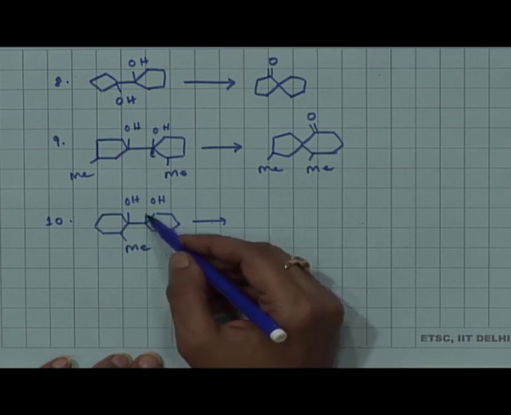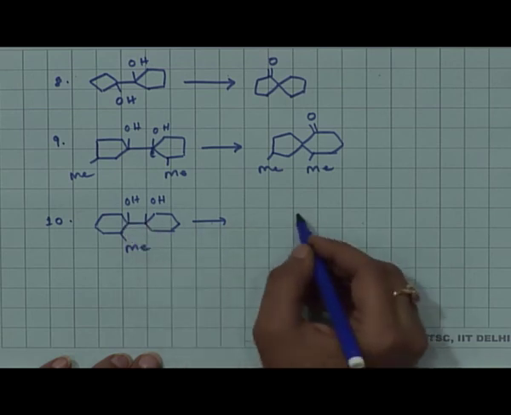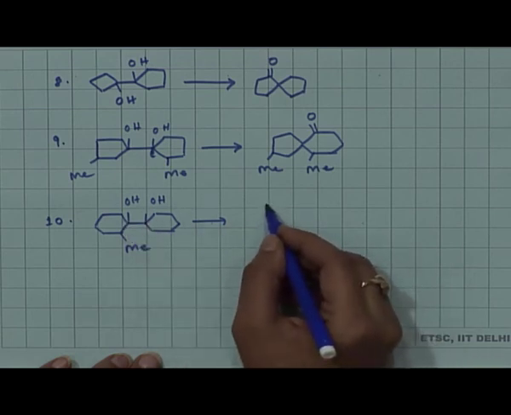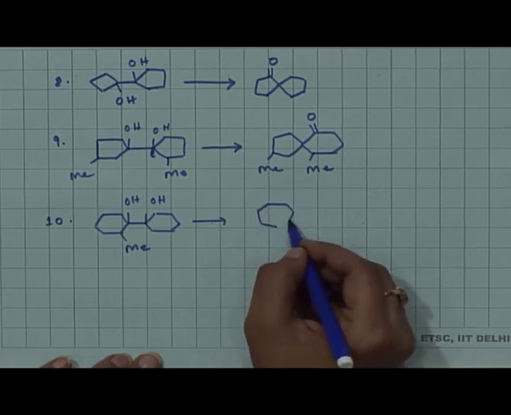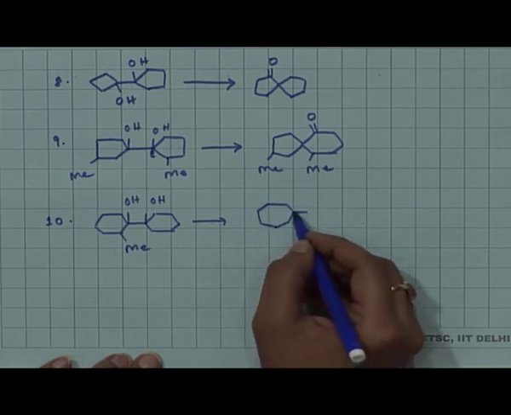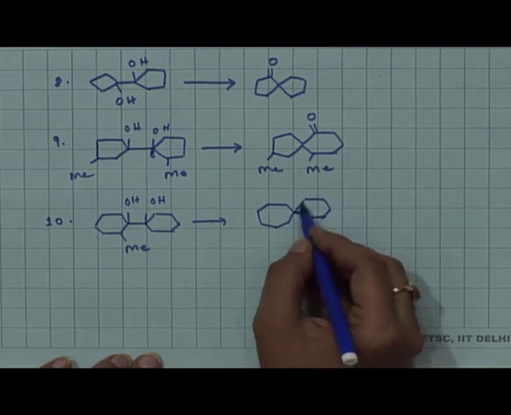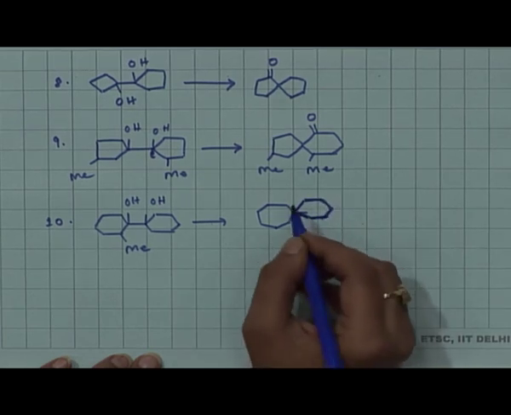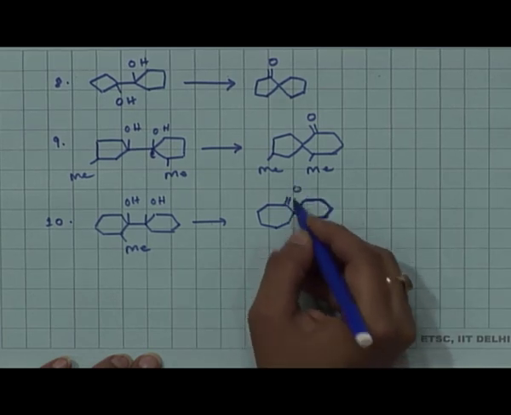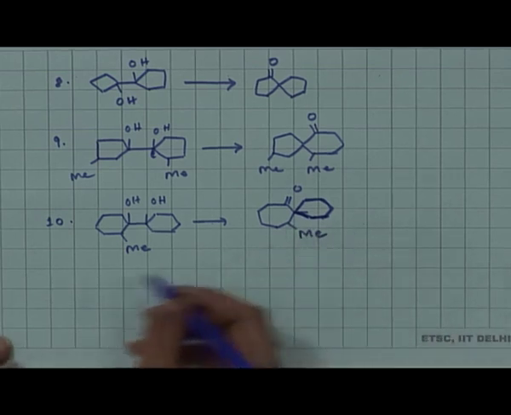So, ring 2 forms the carbocation and ring 1 carbon-carbon migrates to give you a 7 membered ring. Okay. So, you get this 6 and 7 membered ring. This is the product which you expect.